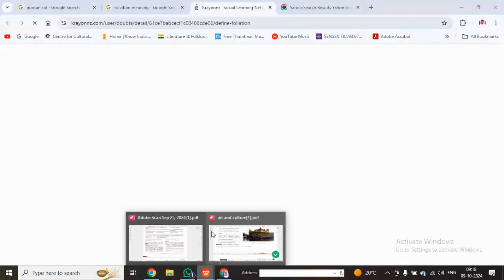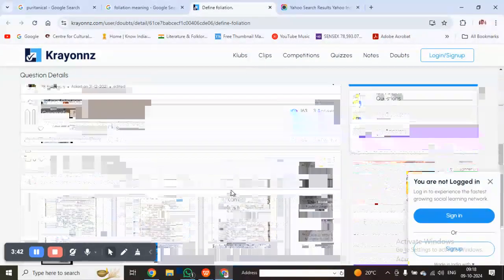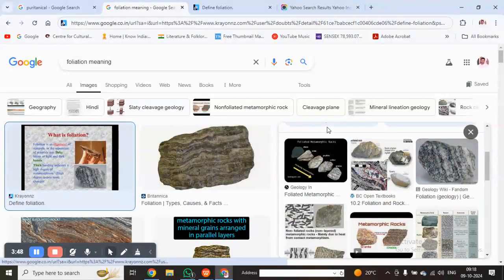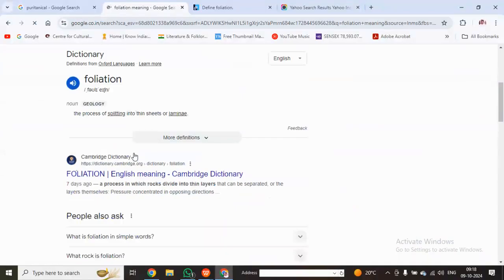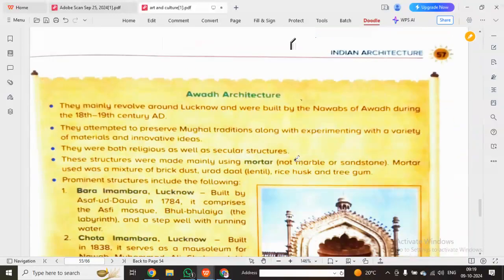The picture is not opening. Foliations, the arch divided into layers, basically a leaf type of structure. It is not visible. Okay, the Golden Temple, 16th-17th century.